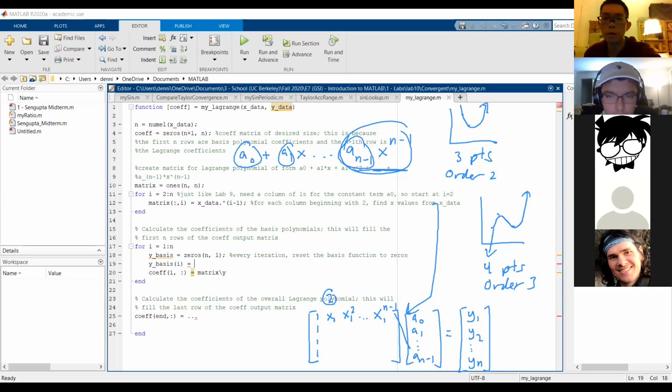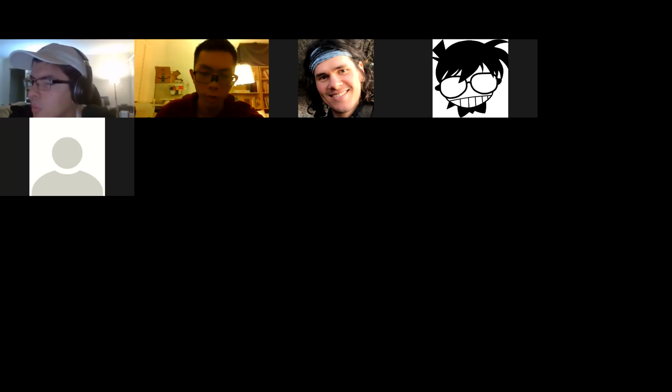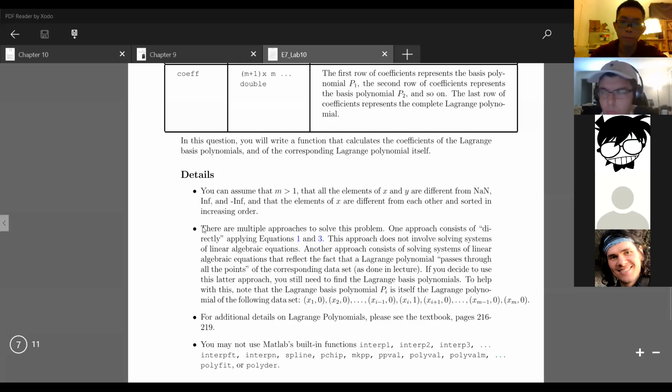Here's what I'm looking at. Let me pull up the PDF. It's this one over here. There's multiple approaches, but what the solution does is this.